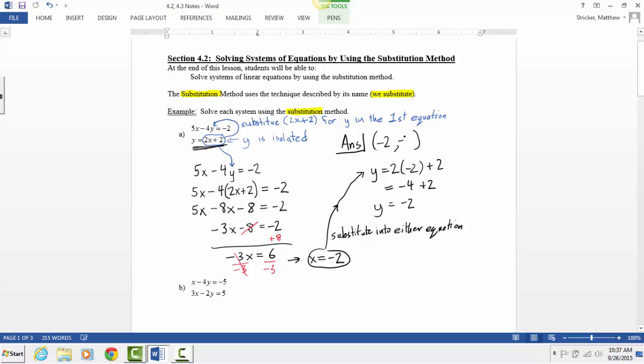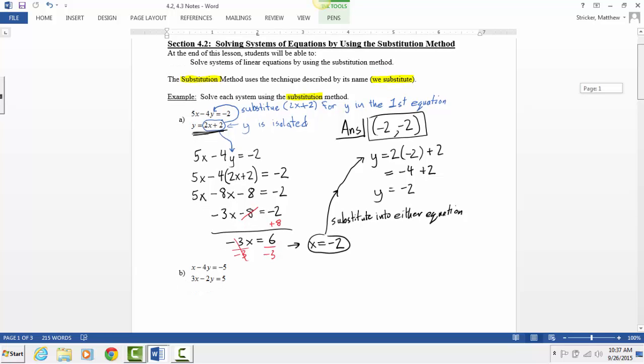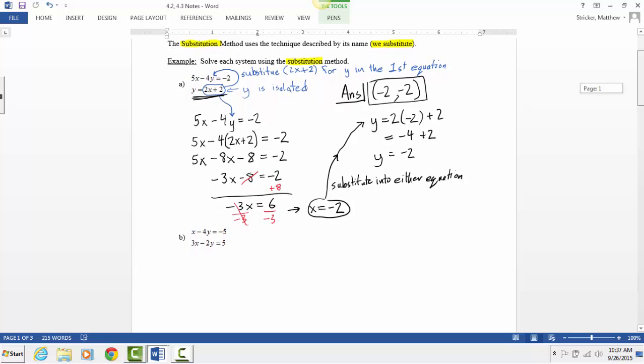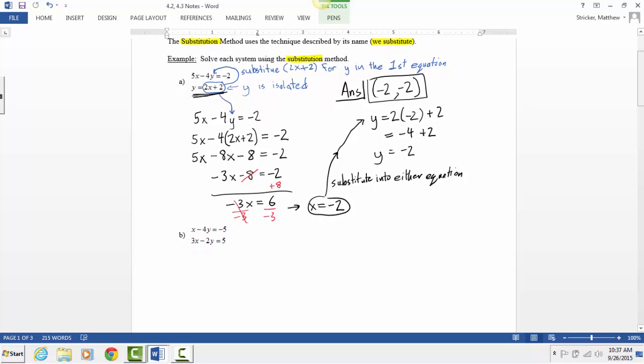So my answer is -2, -2. And we have it. We found our answer. Now there's a second example here where we're going to need to do a little bit more work, because in the first example we already had y isolated. Y was by itself.